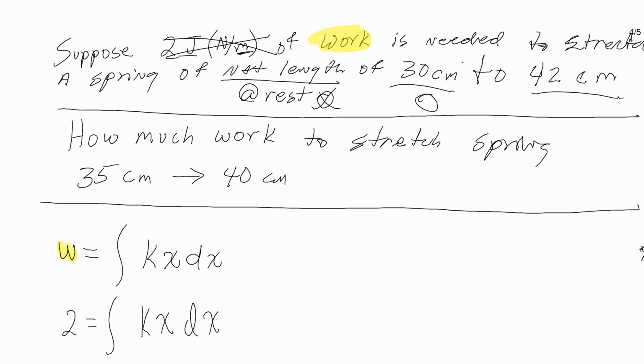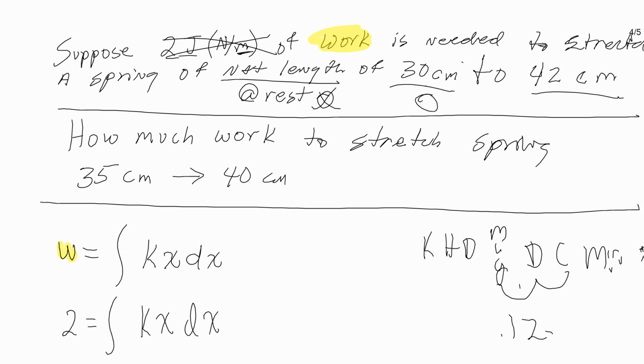So, King Henry died, meters, liters, grams, drinking chocolate milk. And we want to change centimeters to what? Meters. So 12 centimeters is 0.12 meters. So 0 to 0.12.